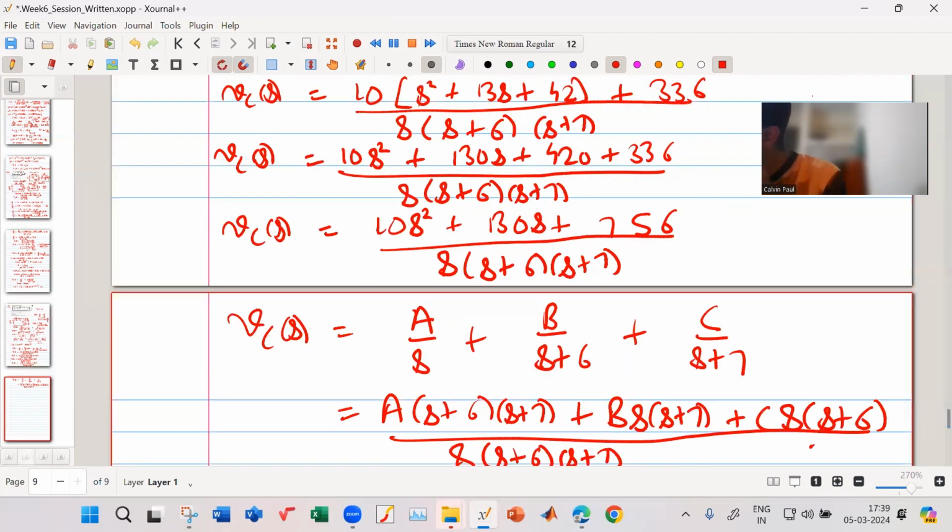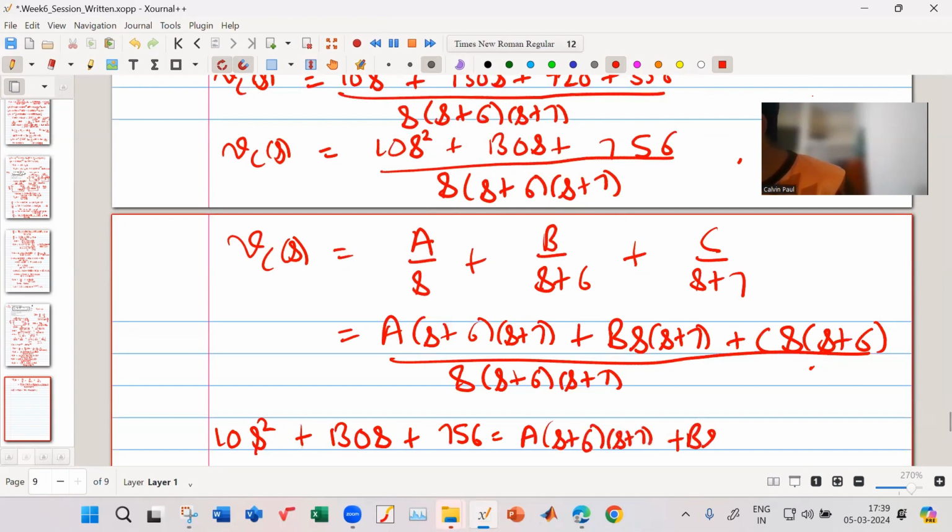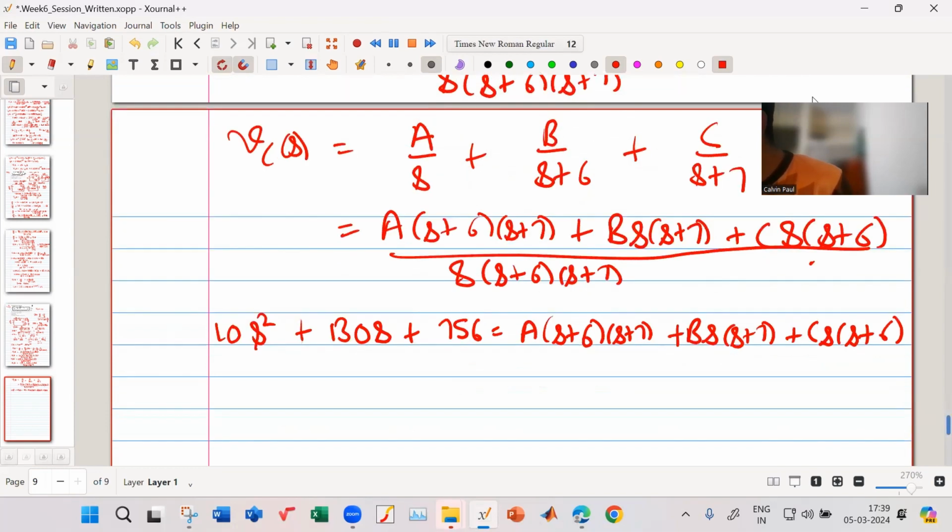I compare the numerators and I get 10S square plus 130S plus 756 is equal to A into (S plus 6) into (S plus 7) plus B into S into (S plus 7) plus C into S into (S plus 6). Is this part clear?